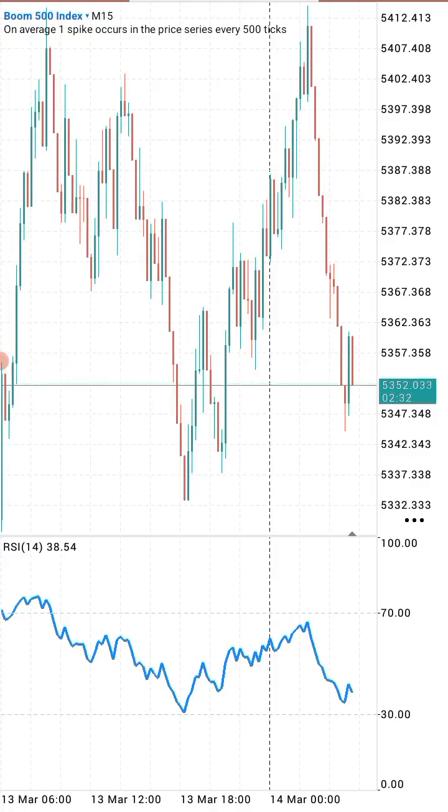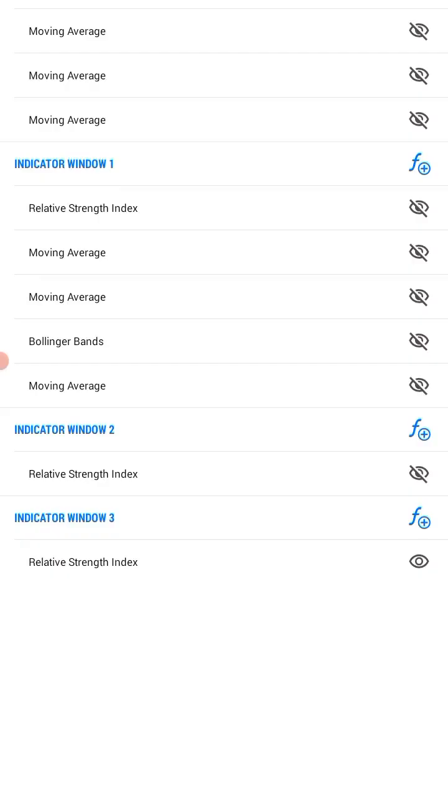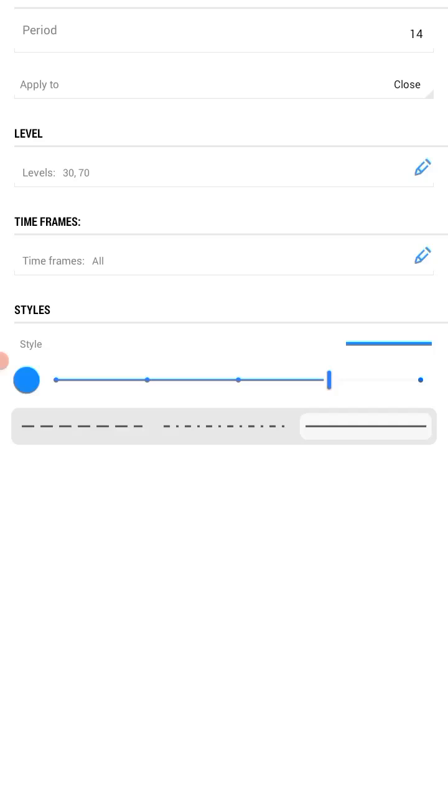Now, let me show you the correct RSI settings. The default setting is 14 and it works well in most markets. But if you want better signals, many professional traders adjust the levels slightly above or below the levels that are given as default. Now let's move on to the settings.